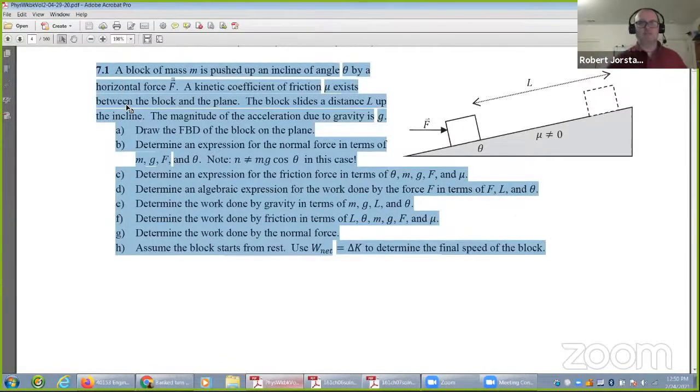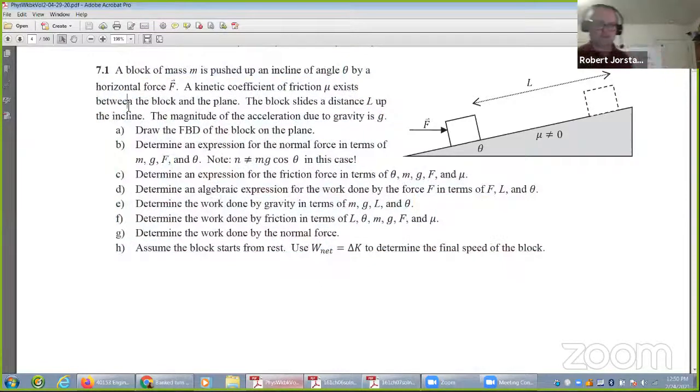Let's look at 7.1. Why not start easy here? Let's try and use this new technique of work to figure out the change in speed and discuss it. So I'm just going to get the problem written up.